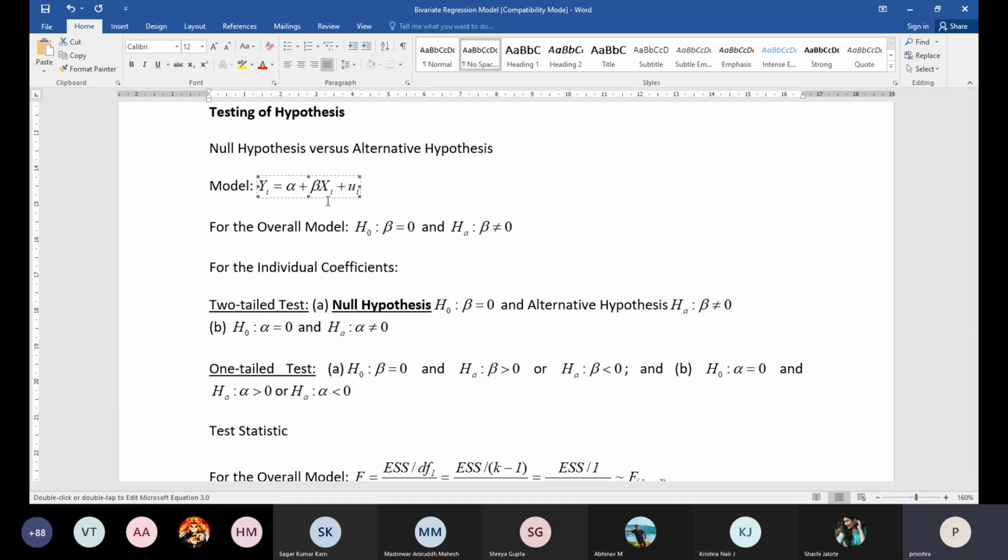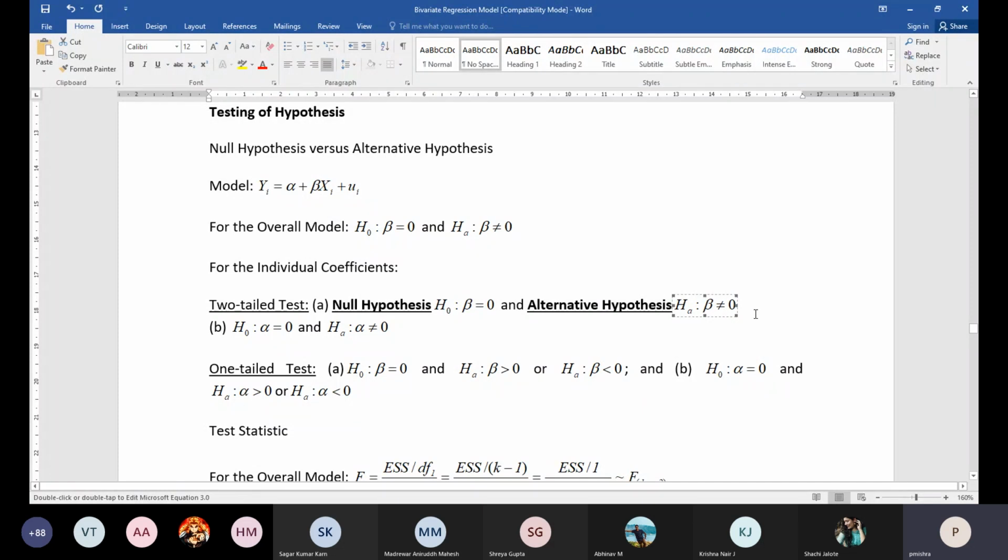So when we carry out testing of hypothesis, we basically see the validity of the null hypothesis, and that we see with respect to a certain alternative hypothesis. And what is this alternative hypothesis? That beta is not equal to 0.